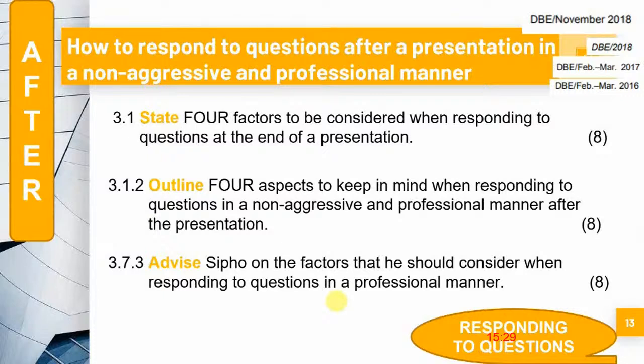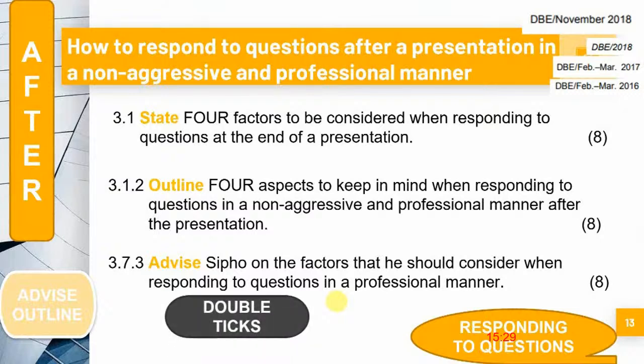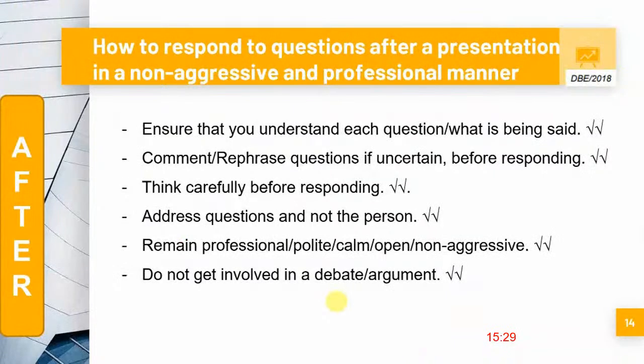When responding to questions in a non-aggressive and professional manner, they will either say you must be non-aggressive or they will tell you to be professional. Advise people of the facts that you should consider when responding to questions. And there we go, it's a double tick system.